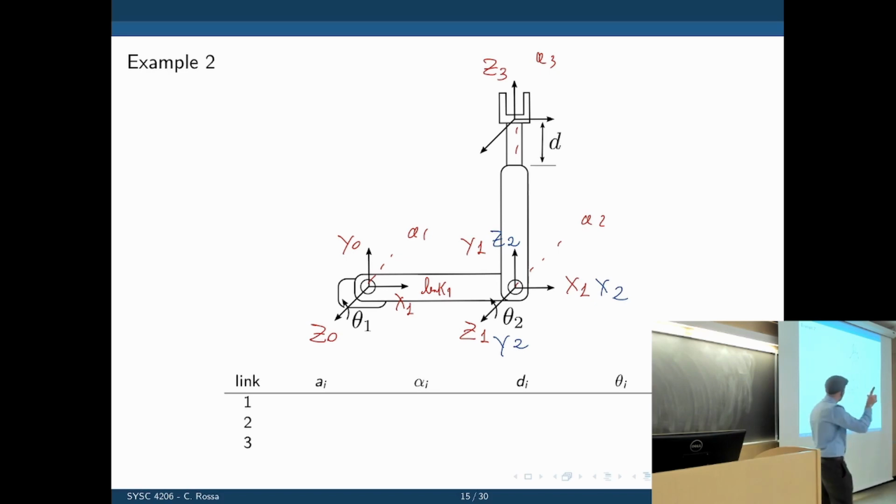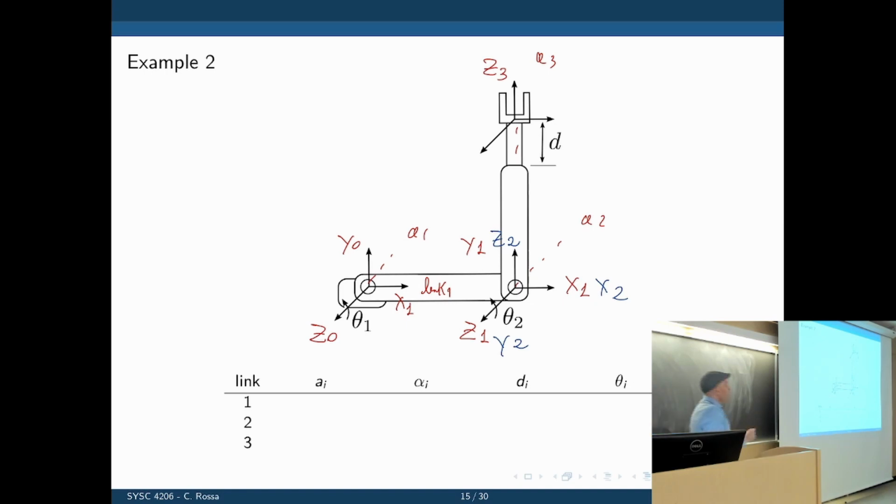Z going up, then x, and then y. Sorry, I'm confused myself now. Z goes up, x goes that way. So y2 would be going back in the plane. Yeah, in the plane. Y2, sorry.